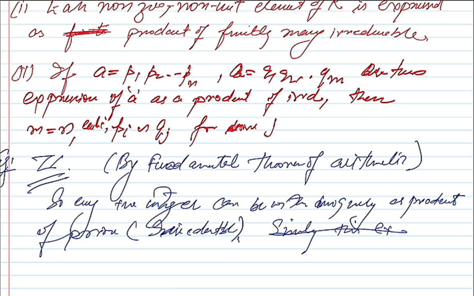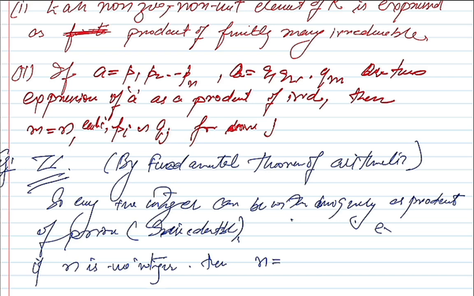Or write it like this: if n is a negative integer, then n is equal to minus m for some positive integer m. So m has a unique factorization p1, p2, ..., pm, unique up to associates.